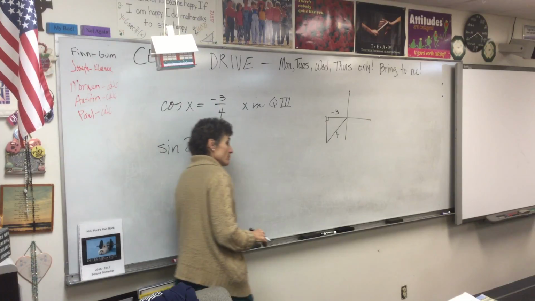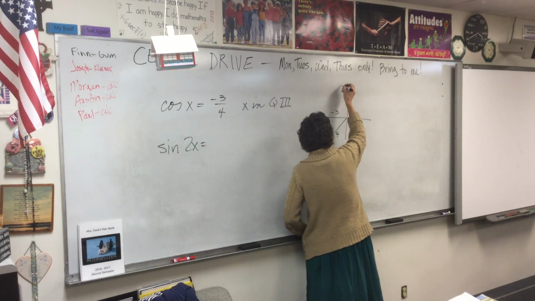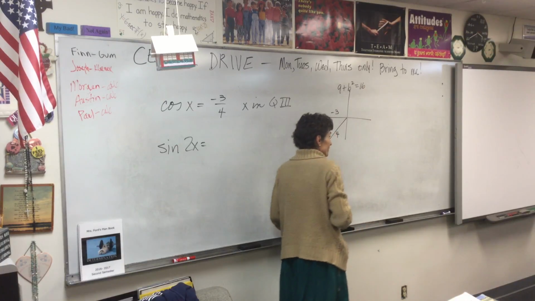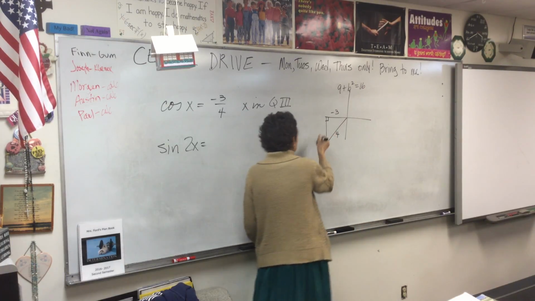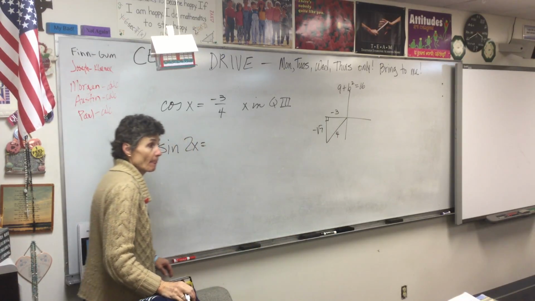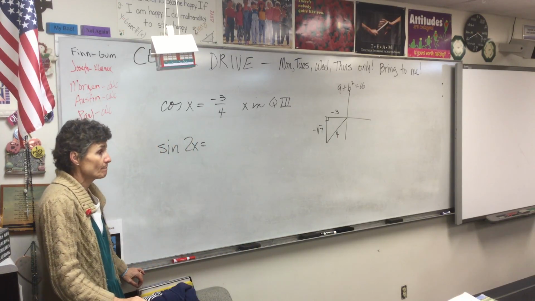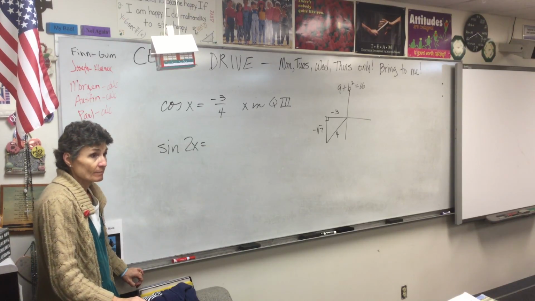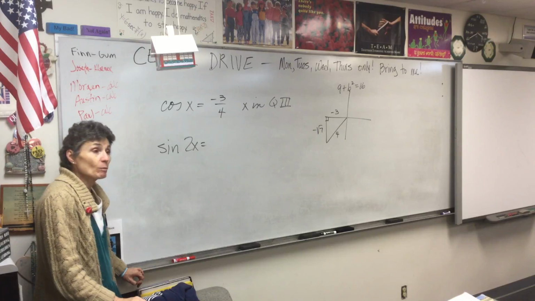So you're going to have to do your Pythagorean theorem. So we have 9 plus b squared equals 16. So it'll be negative the square root of 7. Everybody get root 7 and everybody get negative. Okay. All right, what's the next step?